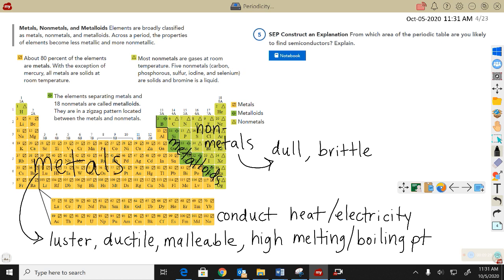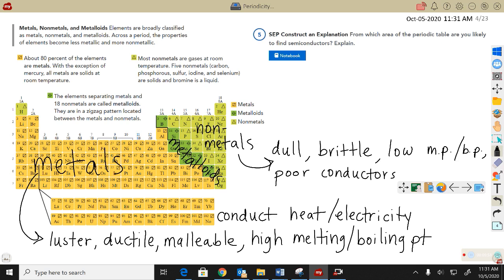They do not have high melting and boiling points. Low. What if I just say MP and BP for melting and boiling points? And they are poor conductors. We don't make wire out of carbon. It doesn't conduct heat and electricity, and it would just crack on you.